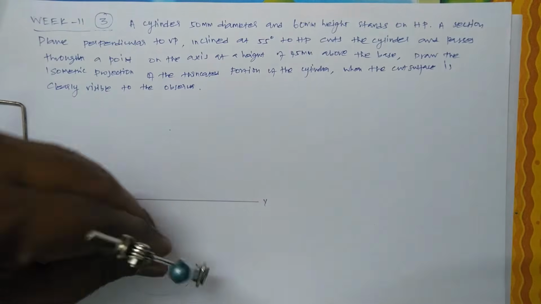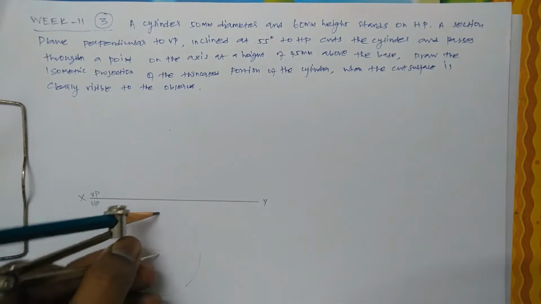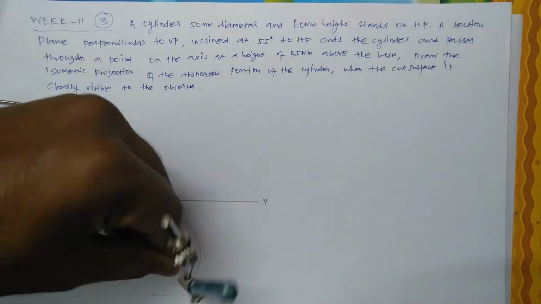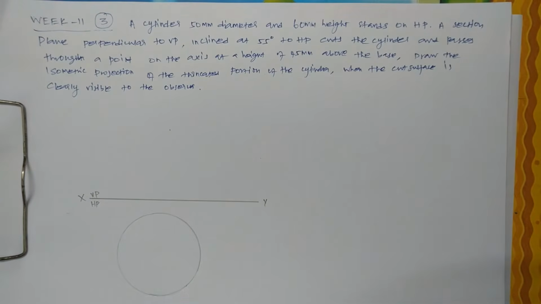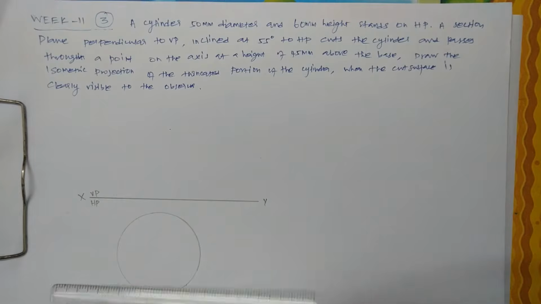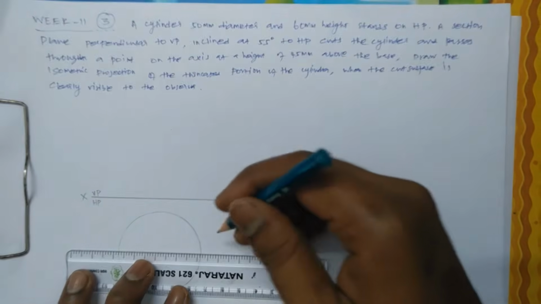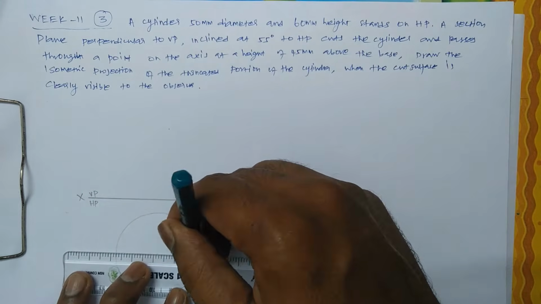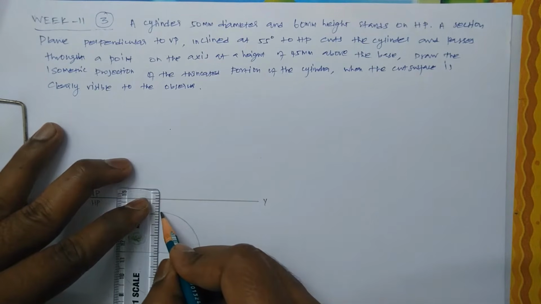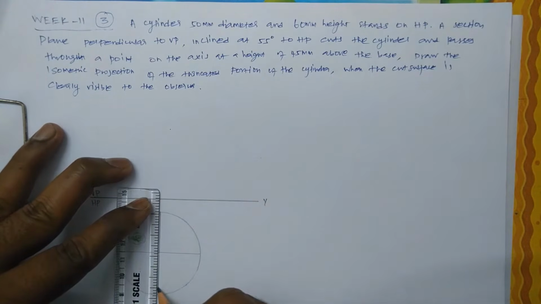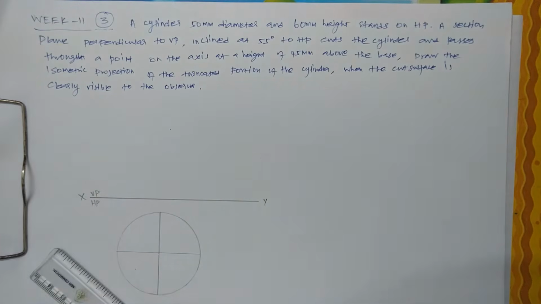So let us finish the top view of the cylinder, which is in the horizontal plane. Divide the circle into 8 equal parts so that we can clearly draw the isometric projection.